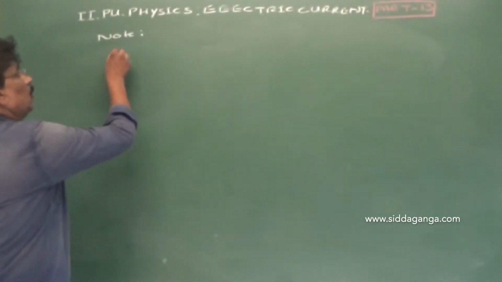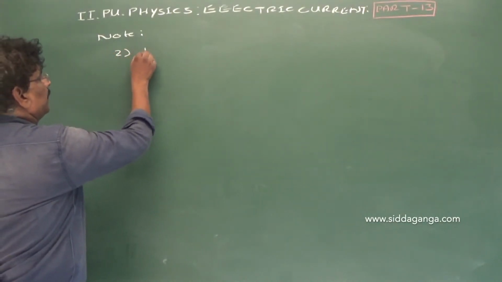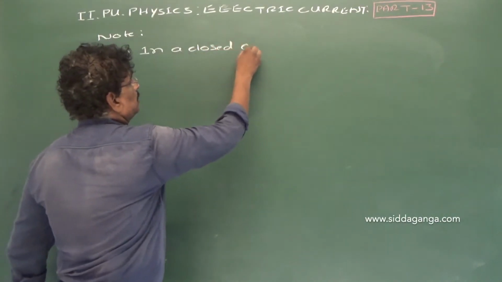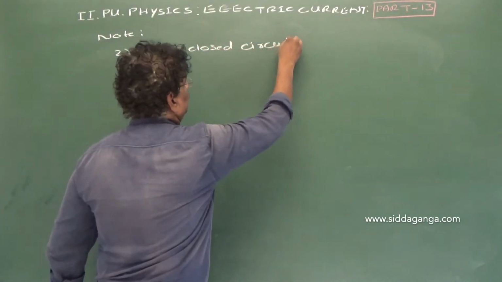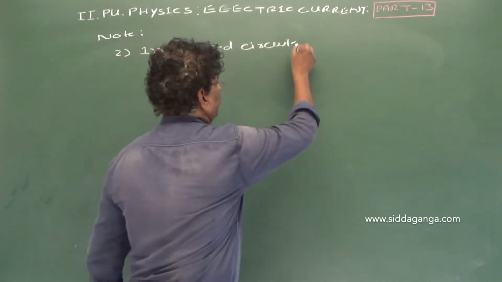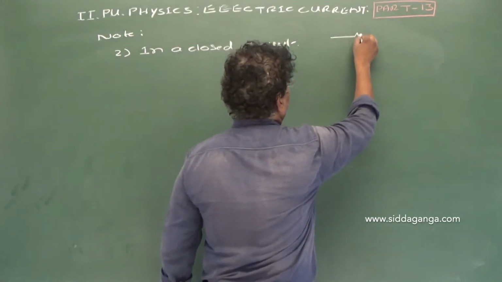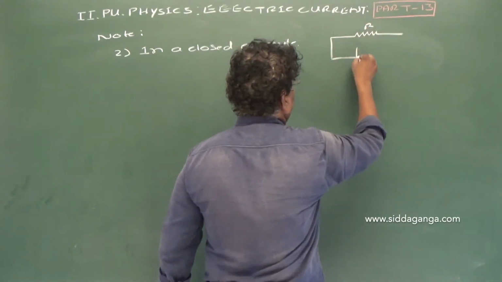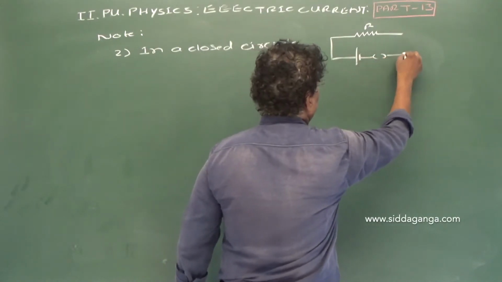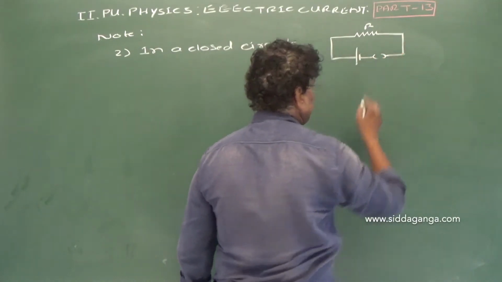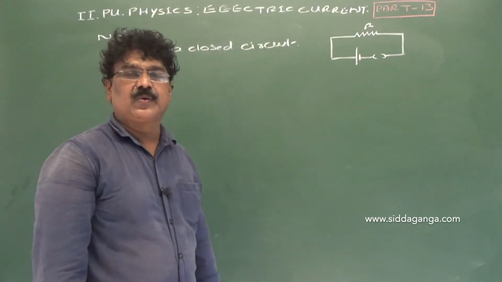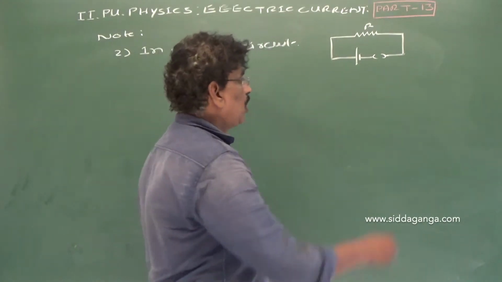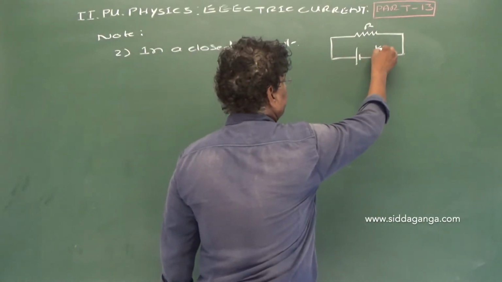Now, note number 2. In a closed circuit, generally a circuit is made by connecting resistance to a cell along with a switch or key, right?